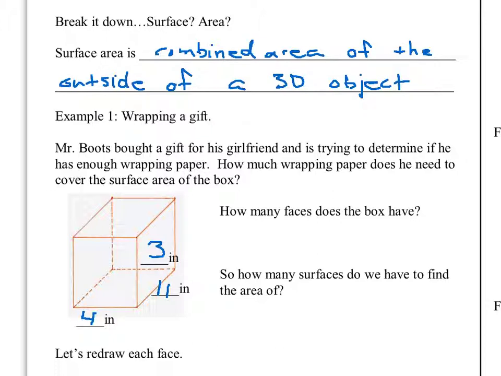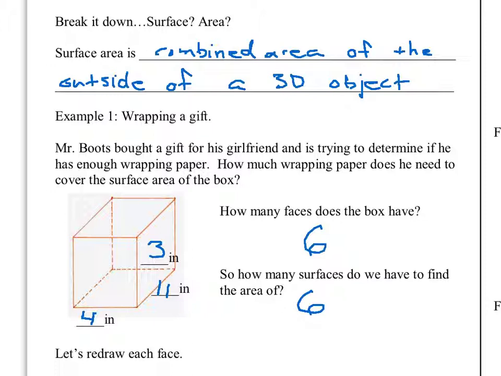How many faces, total faces, does this rectangular prism have? Thank you for raising your hand, Brianna. Which means how many surfaces, how many faces am I going to be having to cover with wrapping paper? 6. Which means I need to find the area of all 6 of those faces to find out if I've got enough wrapping paper or how much wrapping paper I need.